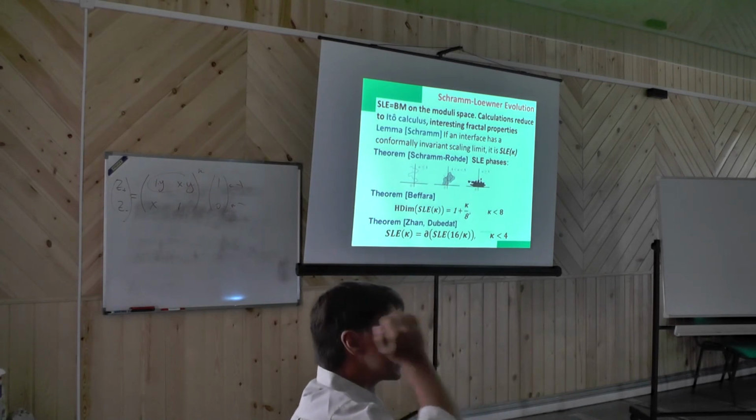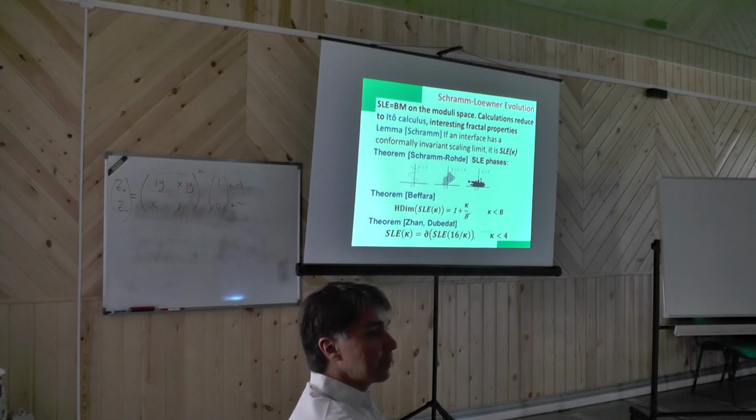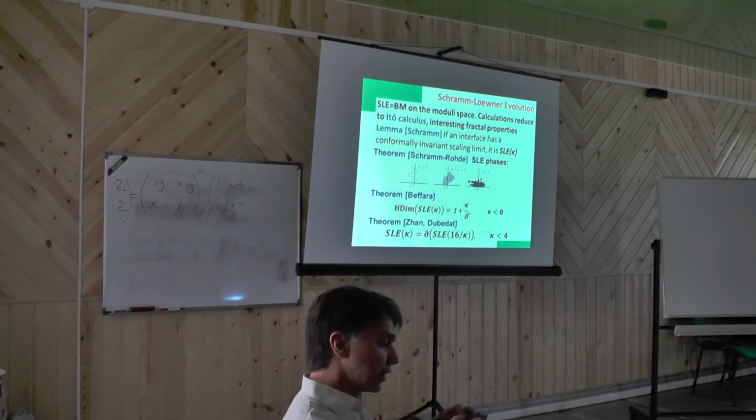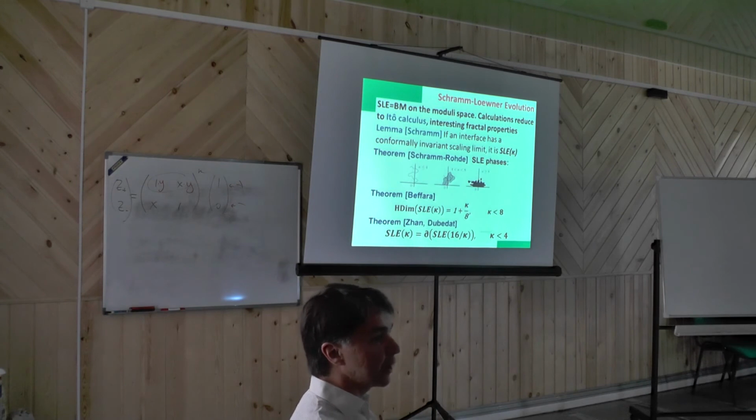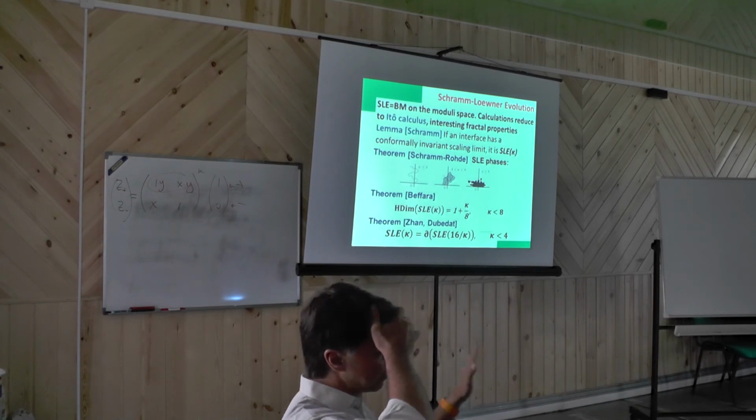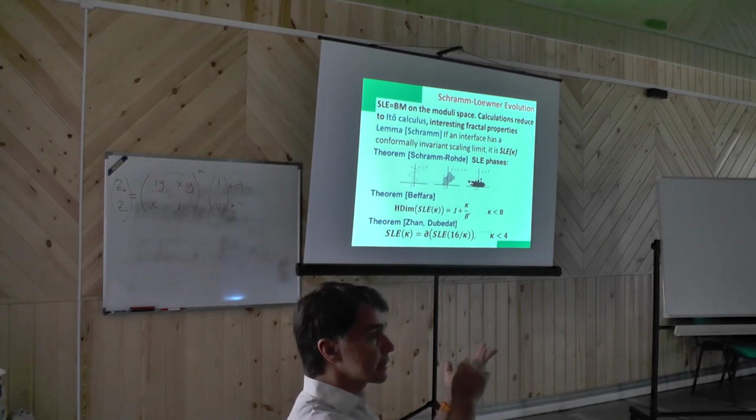Now, since then this has very much advanced, so people learned not how to draw one curve, but how to draw several curves simultaneously, or how to draw simultaneously at all points, or how to do it in a random metric, and it's still developing very fast. But the point which I like most is this really down-to-earth lemma, which says that you pick any lattice model, you pick a domain, and you assume that it has a scaling limit, and physicists are correct, it's conformal invariant.